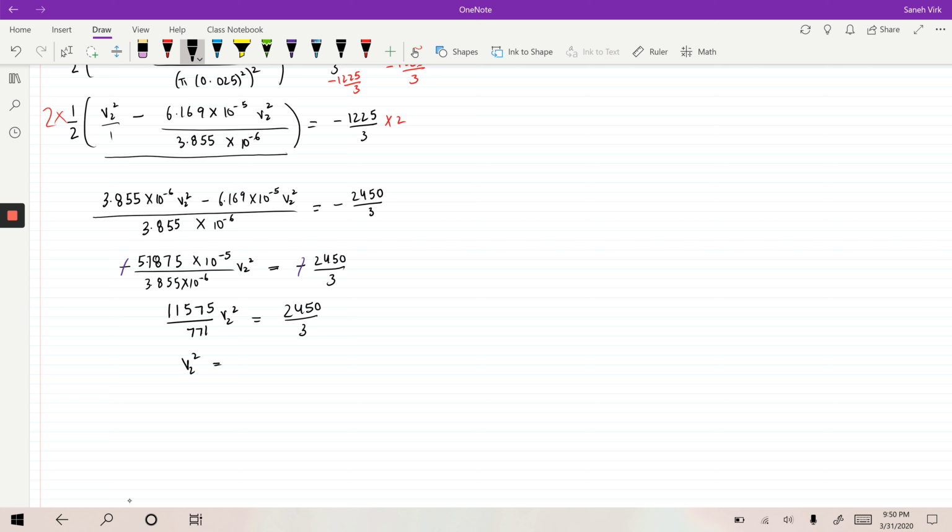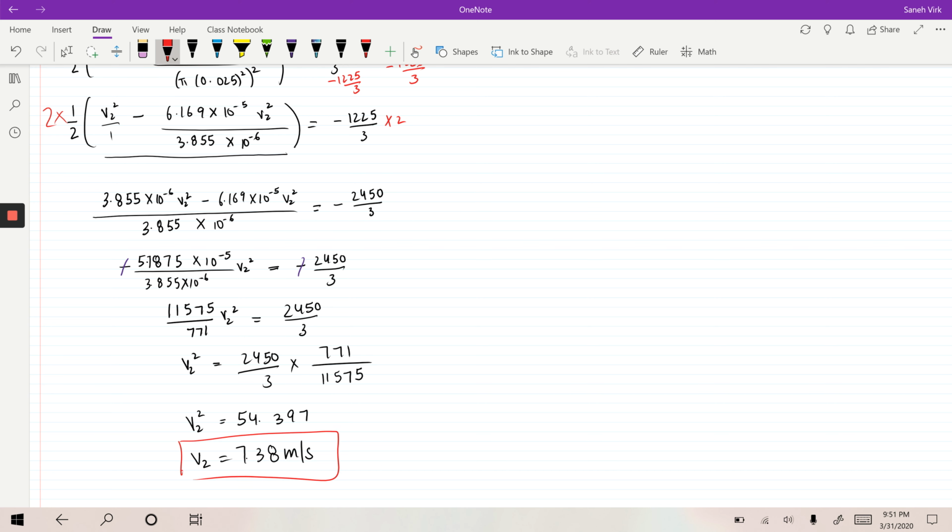V2 squared equals 2450 over 3 times 771 over 11575, which gives me V2 squared equals 54.397, which means V2 equals 7.38 meters per second.